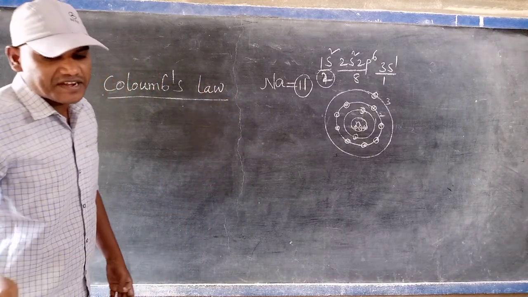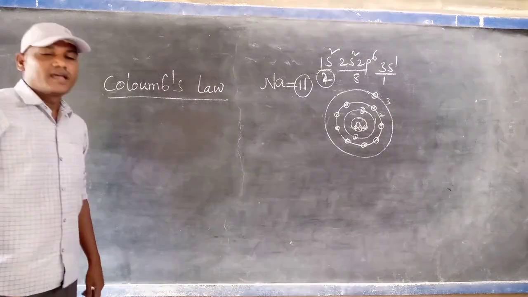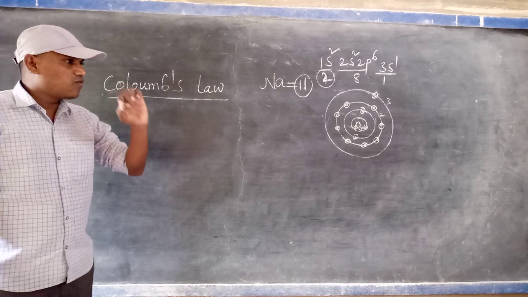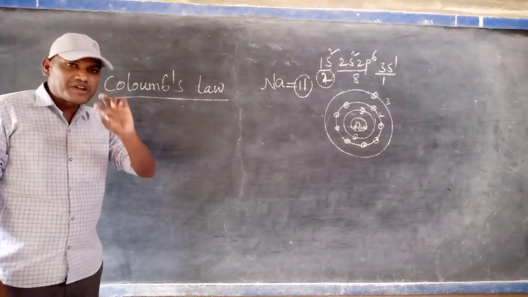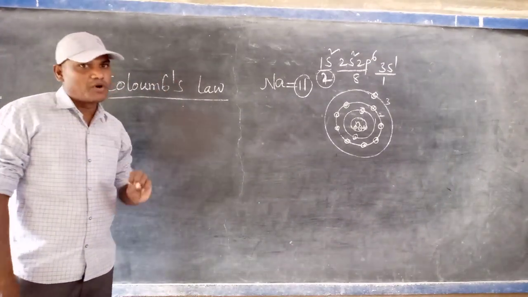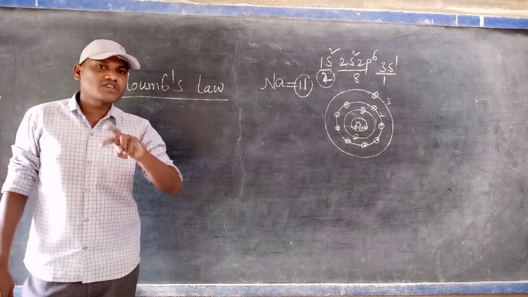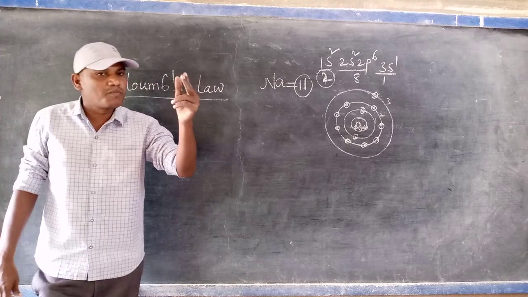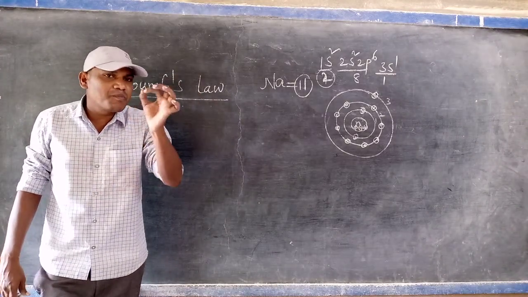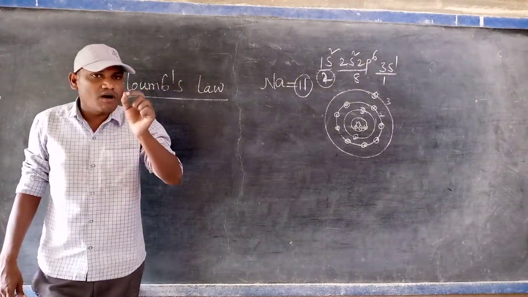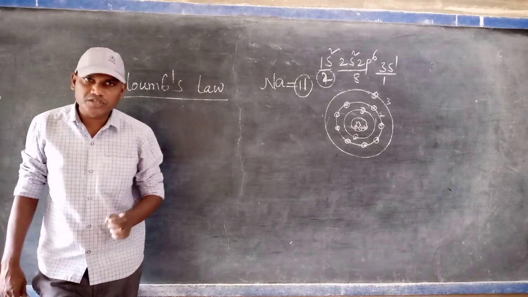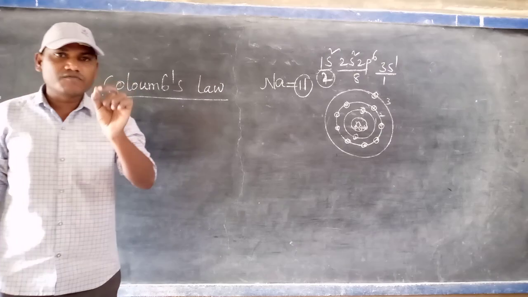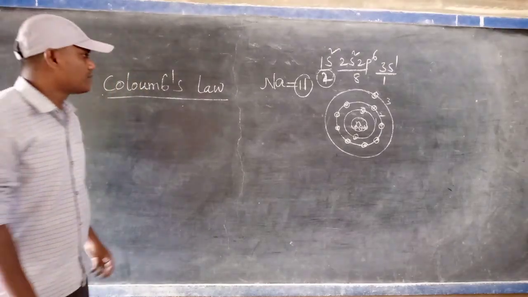Coulomb proposed one law, like Newton did in the gravitation concept. Listen very carefully. The force of attraction or repulsion between any two charged bodies is directly proportional to the product of the magnitudes of their charges and inversely proportional to the square of the distance between them.